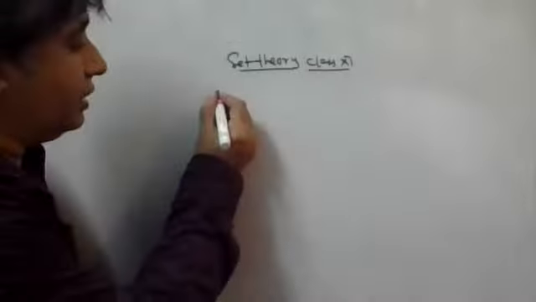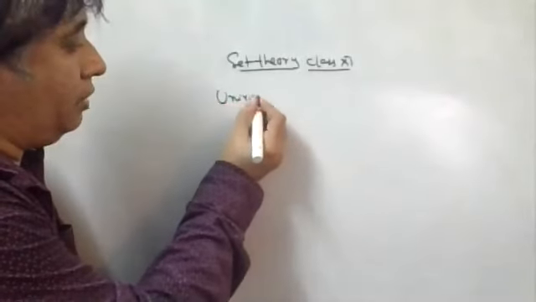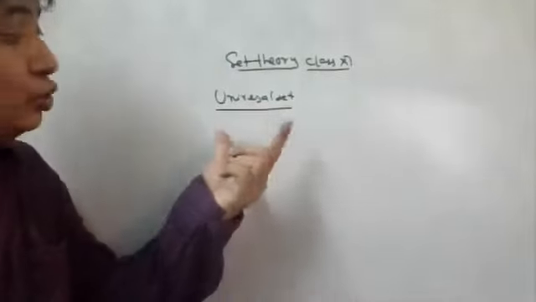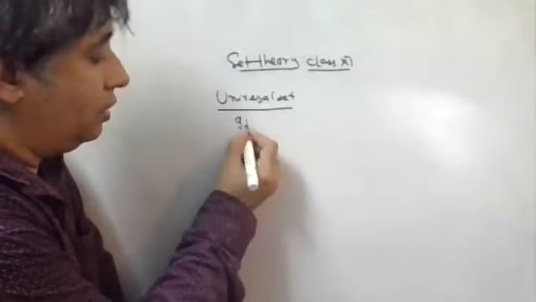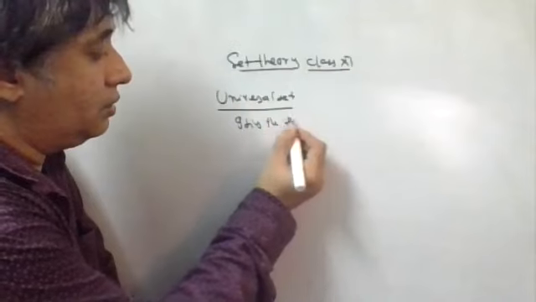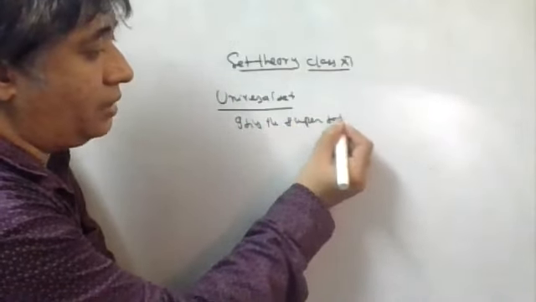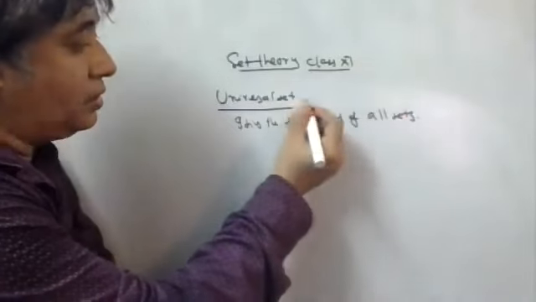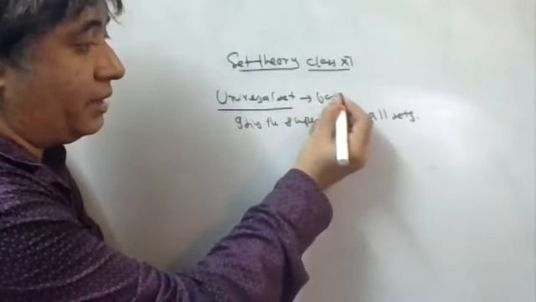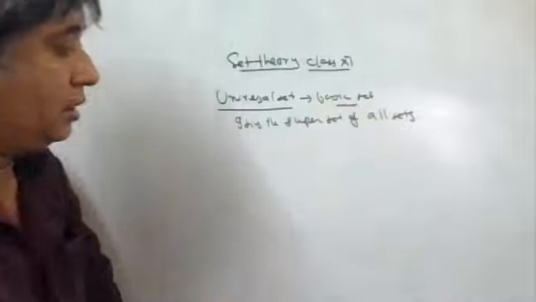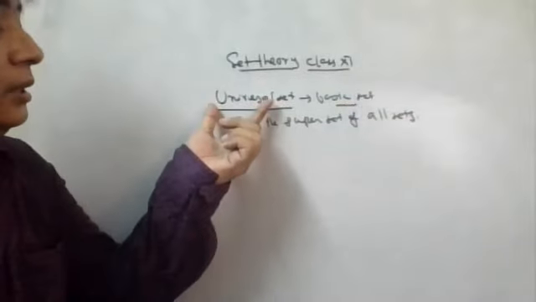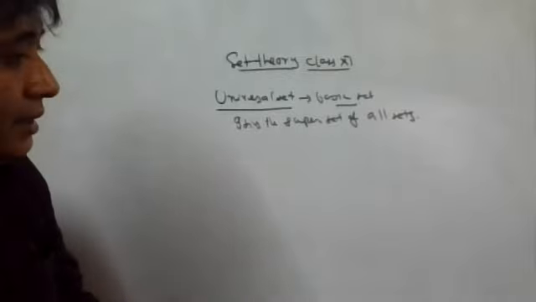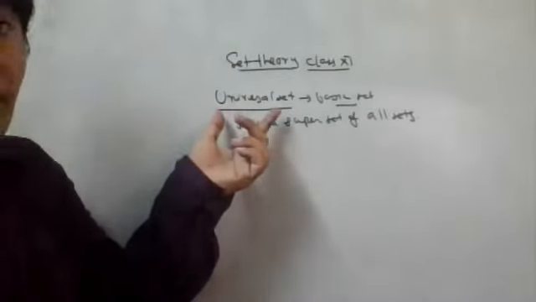Now, universal set. It is the superset of all sets. It is called the basic set. If you analyze the nomenclature, you can understand the meaning of universal set.